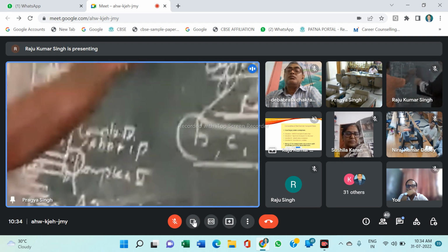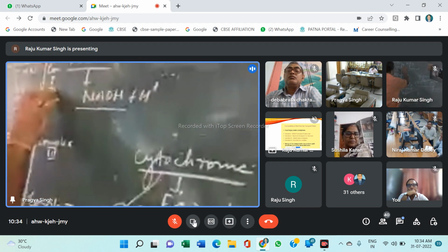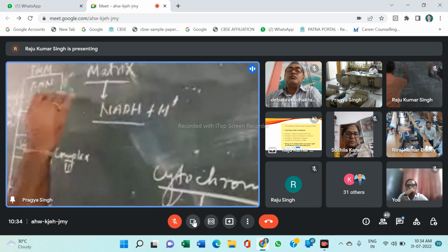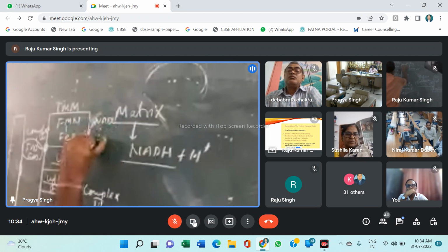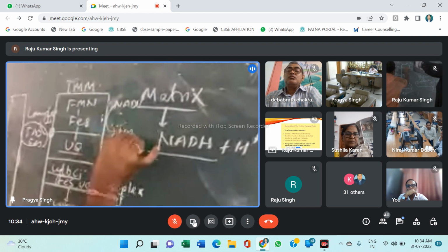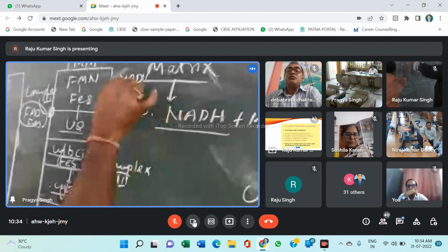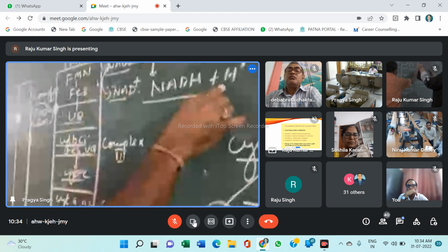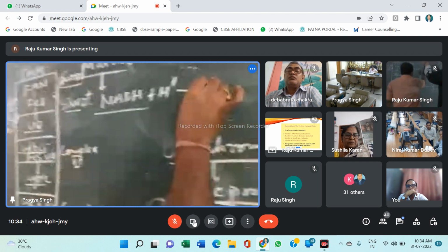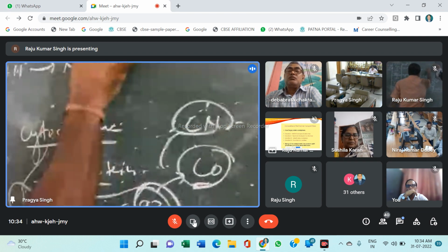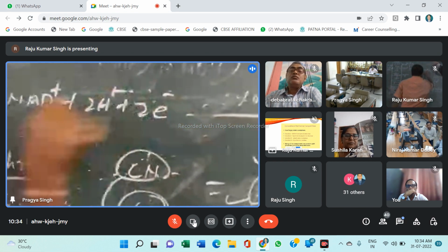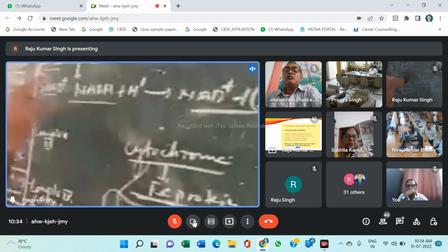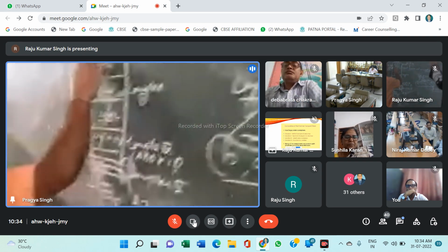Then suppose this NADH, this is complex 1, so they are taking it. So NADH, they are again being reloaded. The equation we have done is NAD plus 2H plus 2 electrons. So this H is being taken by FMN along with the electrons, which are taken by the electron carriers.